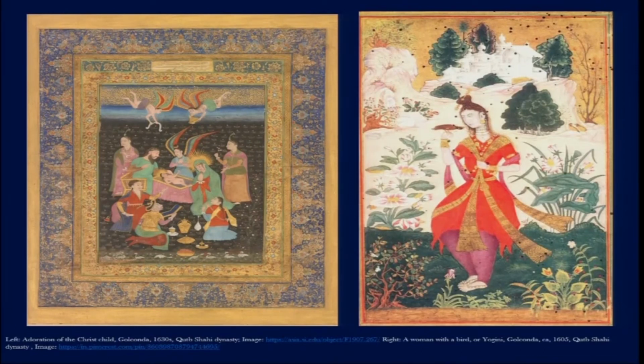The frames have the very characteristic framing of the Islamic manuscripts that were prevalent in Deccan India and at the same time in the Middle East, and there is an inscription here which also follows the other miniature paintings made in this region. Now at center stage we have a theme which is distinctively Christian.